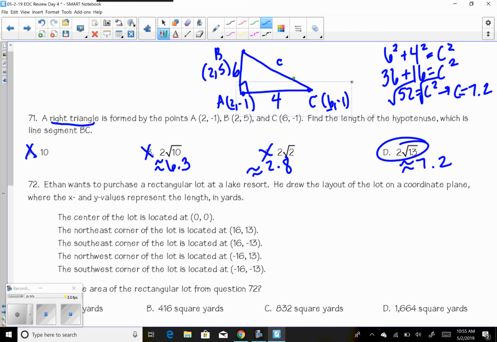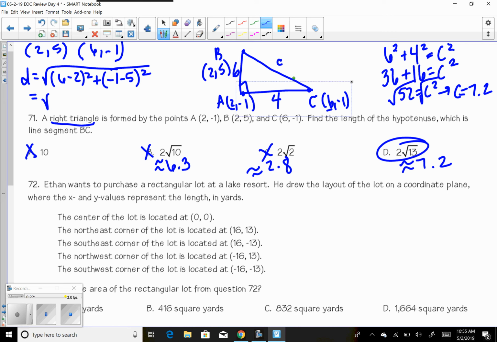So I used Pythagorean theorem. If you don't know that, if you couldn't figure out these sides over here, you would literally just use the 2, 5 for B, and you would use 6, -1 for C, and you would plug it into the distance formula. So it would be the square root of 6 minus 2 squared plus -1 minus 5 squared.